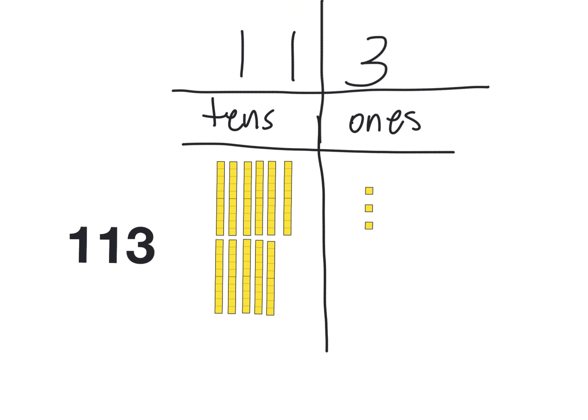And for the ones place, there's only 1, 2, 3 single units total. So we then put an 11 in our tens place for the 11 rods or groups of 10 featured. And we'll put a 3 in the ones place for the 3 single units.